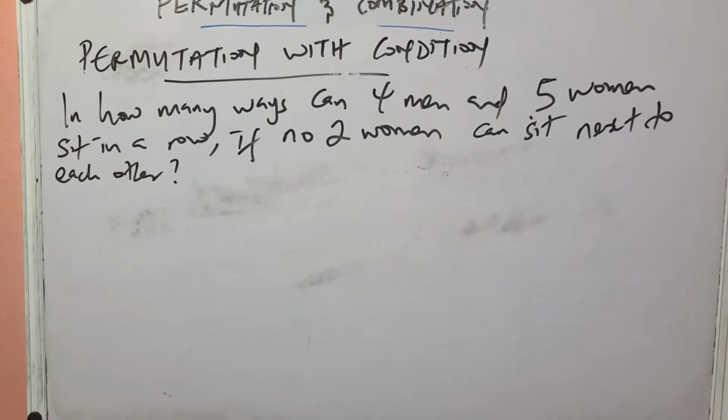In how many ways can 4 men and 5 women sit in a row if no 2 women can sit next to each other?